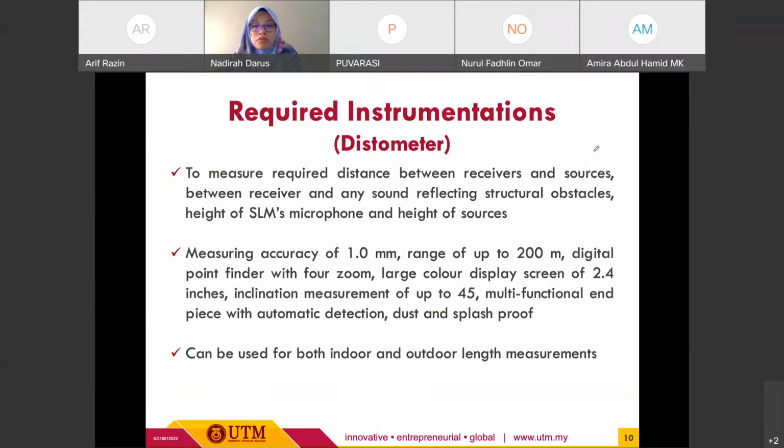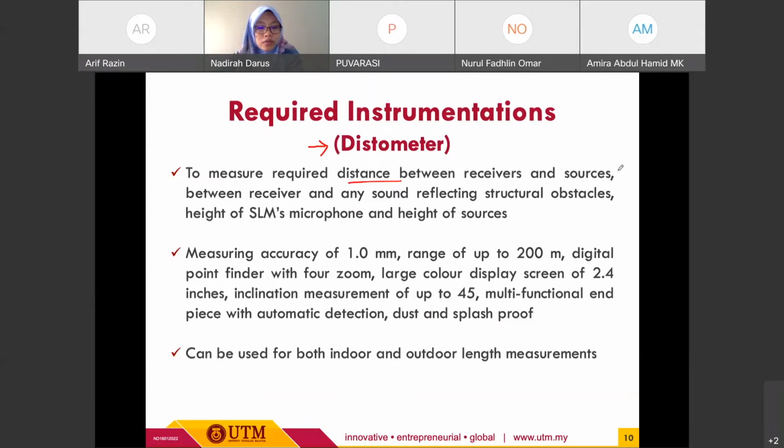Okay. Most of the time, for the purpose of noise monitoring and also construction noise management, we need this distometer. Sebab distometer is another instrument that replace the conventional measuring tape. Okay. By using the distometer, kita boleh measure distance between receivers and sources.